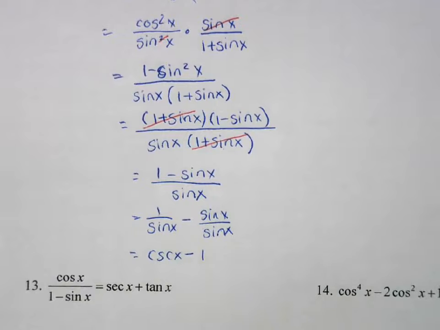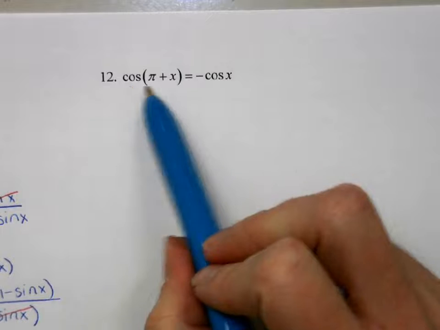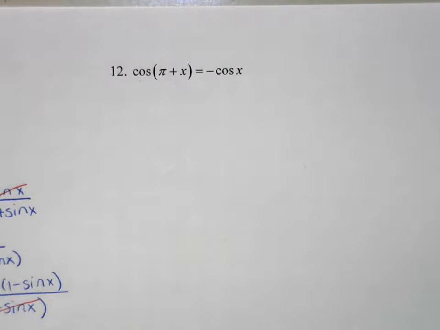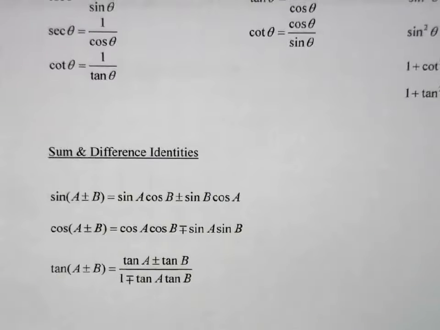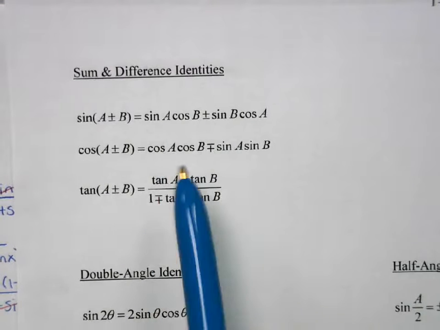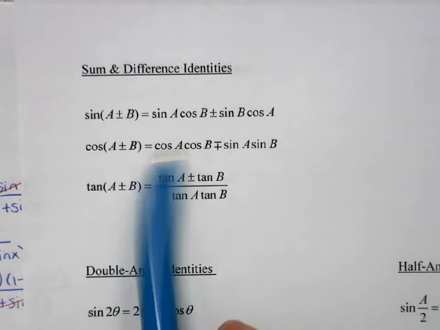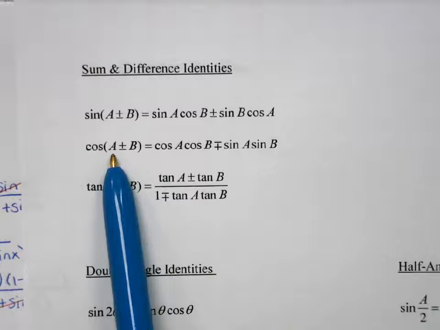Okay, here, you may be tempted to distribute, but this is not the distribution because it is not multiplication. So here, we're going to use the sum identity for cosine. So my a in this case is going to be pi, my b in this case is going to be x.